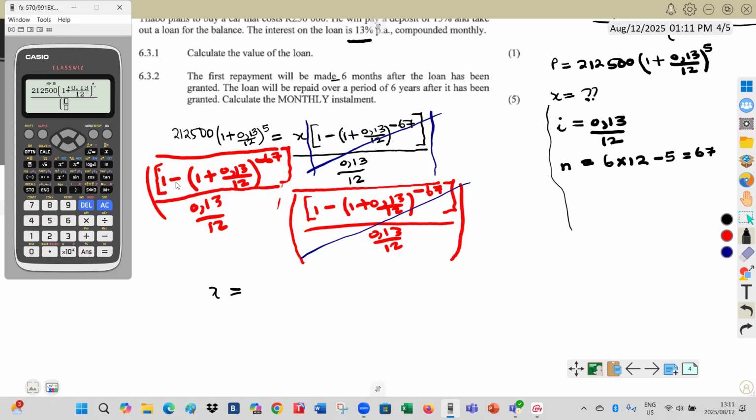Okay, we can put the brackets as they are put there. So we are going to have 1 minus that bracket, which is 1 plus 0.13 divided by 12. That is going to be raised to the power of a negative 67.